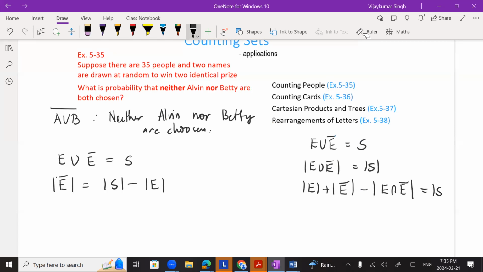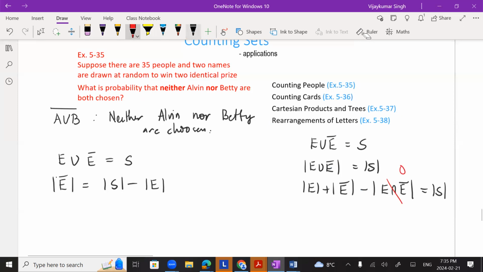And that is the size of S. You agree? This is using the law of inclusion-exclusion. But we live in a Boolean world. Our logic is Boolean. Our sets are also Boolean. Either you are there or you're not there. There's no other possibility. So there's no intersection where you will be there and not there. So this is 0, right?